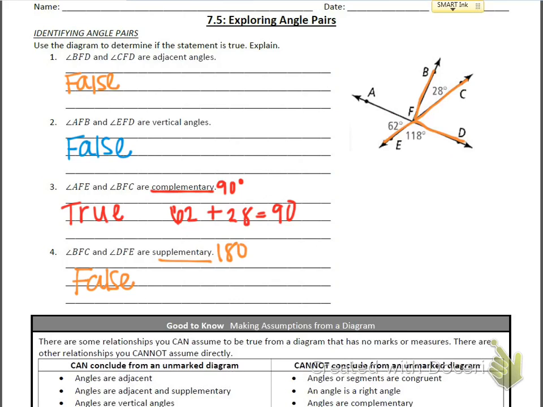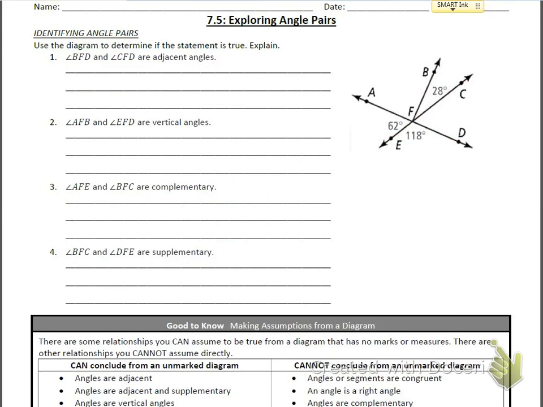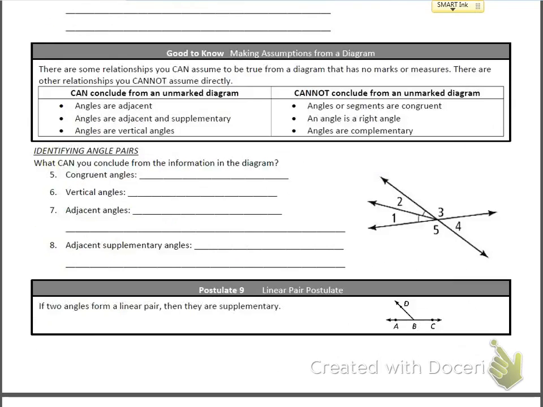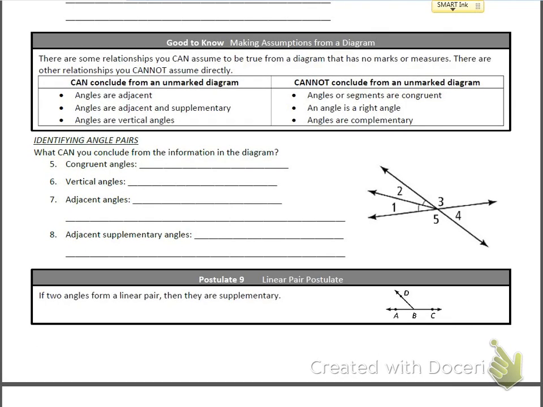Yes? Okay. So remember how we talked about making assumptions and not making assumptions? I actually put it into a chart for you about assumptions we can make and assumptions we cannot make. So I would suggest that you know where this is and reference it if you ever get stuck.